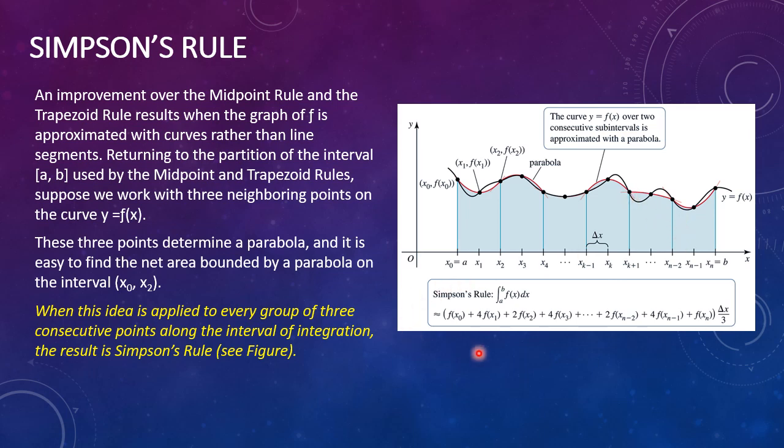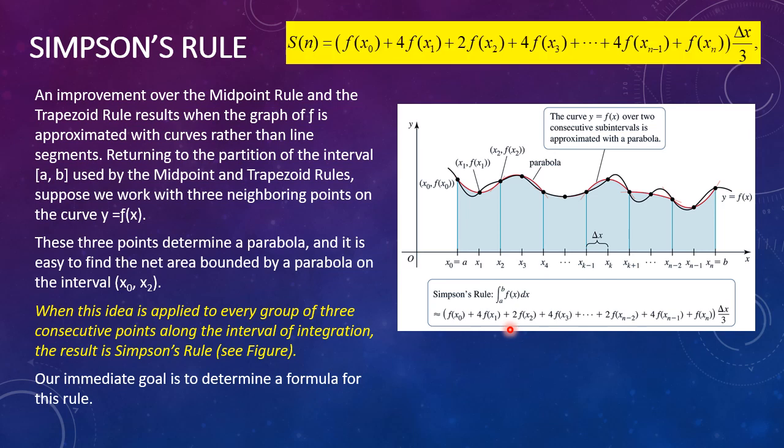When we do that, we get Simpson's rule, which is the integral from a to b of f of x dx equals, I put it here in larger, f of x sub 0 plus 4 times f of x sub 1 plus 2 times f of x sub 2 plus 4 f of x sub 3.